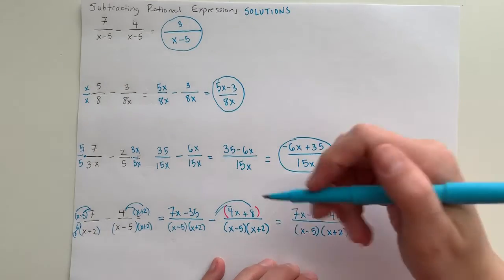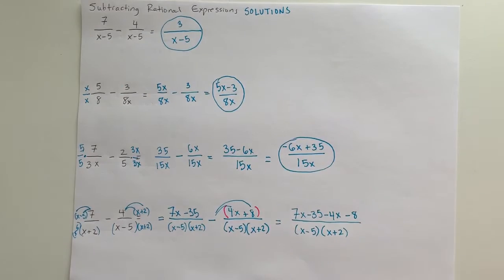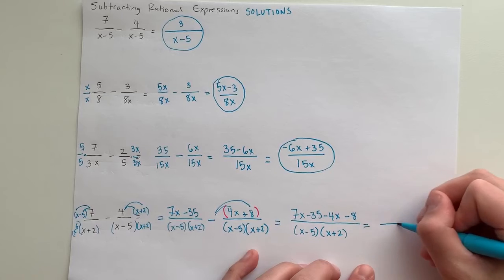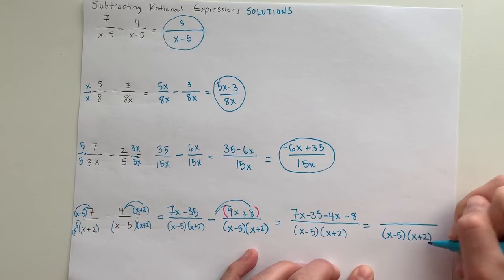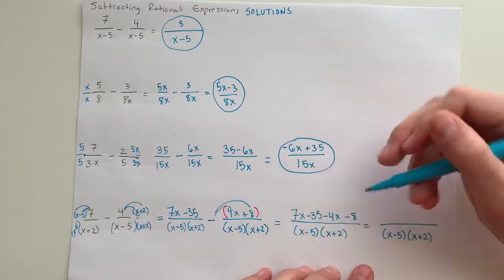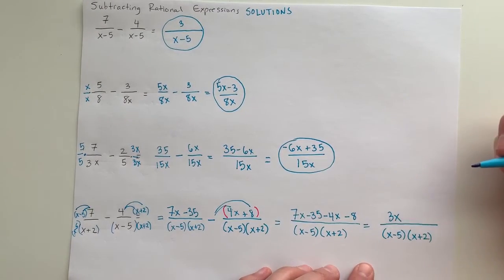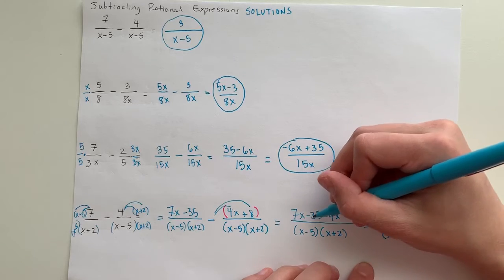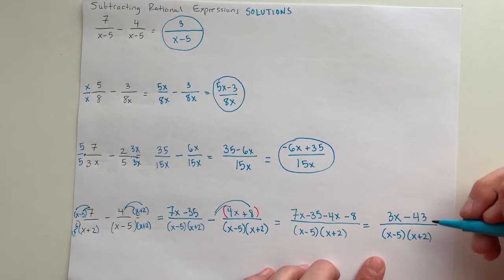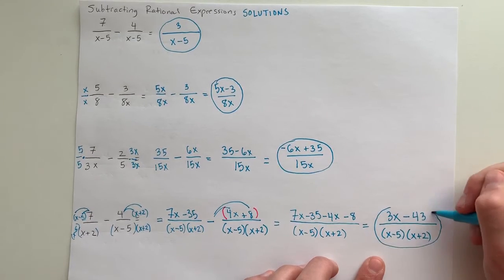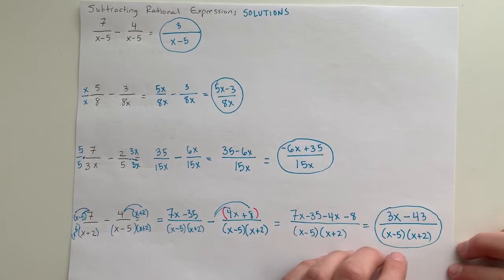So you want to think of this almost as distributing a negative 1 to that second quantity there. And I can actually combine some like terms here. So I've got 7x take away 4x is 3x, and negative 35 take away 8 is negative 43. And that is my final answer there.